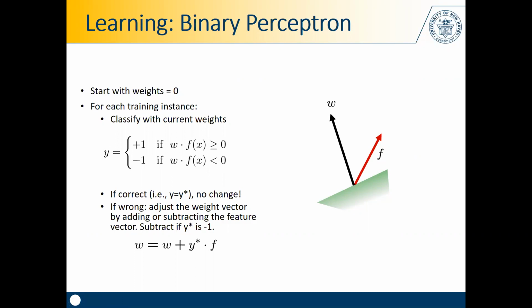Why does this help? Well, we are essentially telling the weight vector that, hey, you need to get closer to where this vector is lying, right? You are now here, but we expect you to be a bit closer to where this vector is.